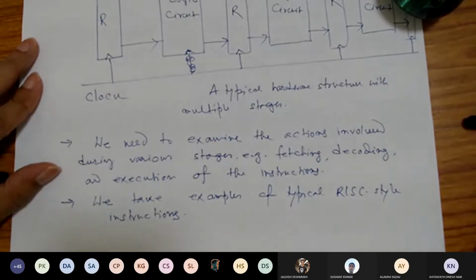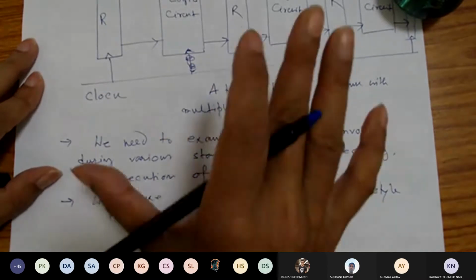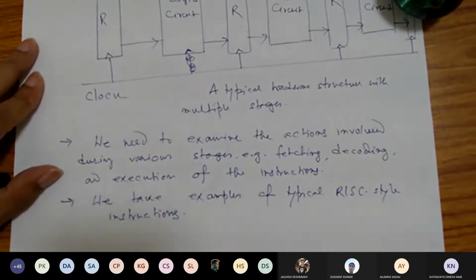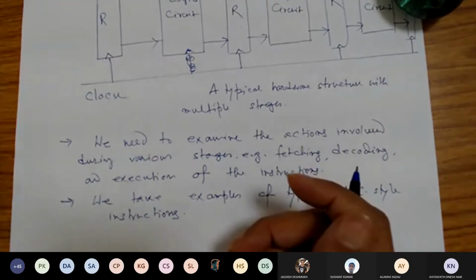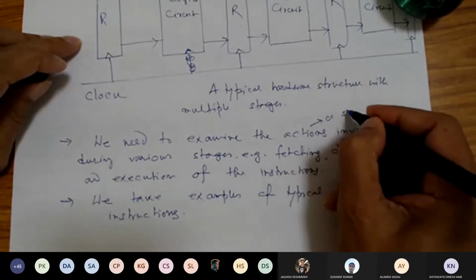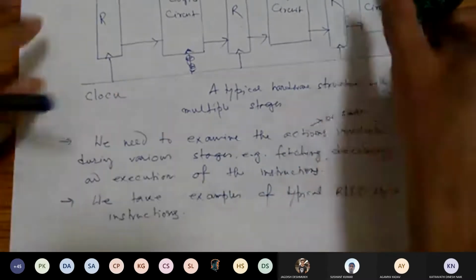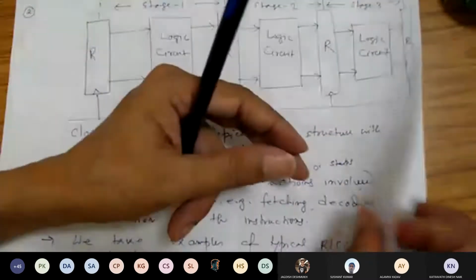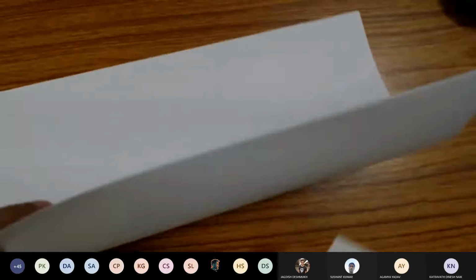Okay, so we shall now take examples of RISC style instructions and let us try to understand what the steps are. We need to examine the actions involved, actions or steps. You can write down these actions or steps. Now let us take examples and see what those actions needed are.